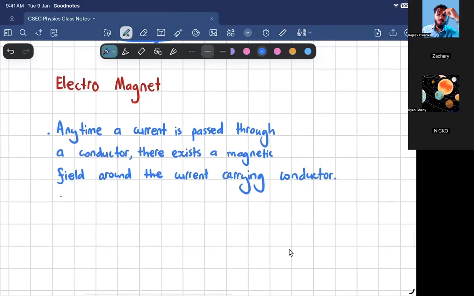Now, to figure out the specifics, you're going to use something called the right hand grip rule. Have you guys ever heard about the right hand grip rule? Ryan, Nikolai, have you ever heard of the right hand grip rule?